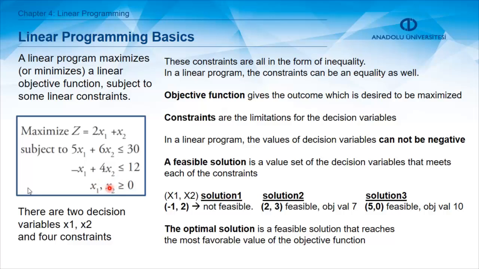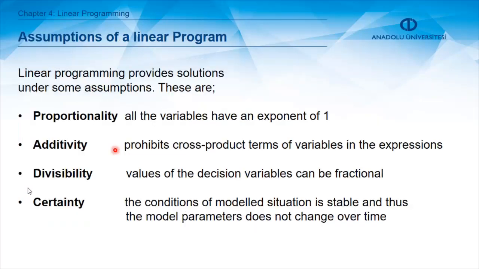There are no variables in here with a square or a square root of a decision variable. They do not exist in this model. All the powers of these decision variables are 1. So this program is modeled under the assumption of proportionality.